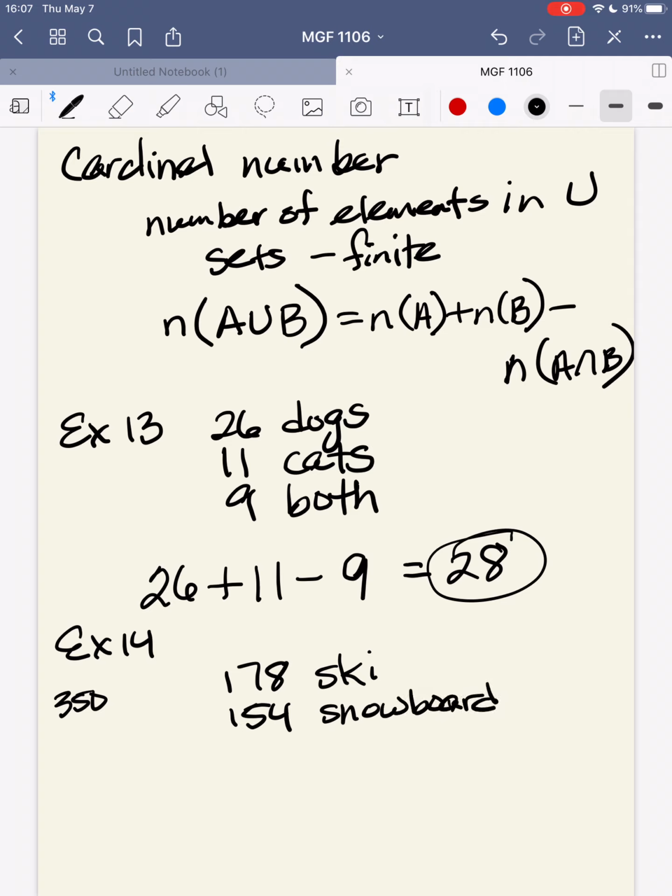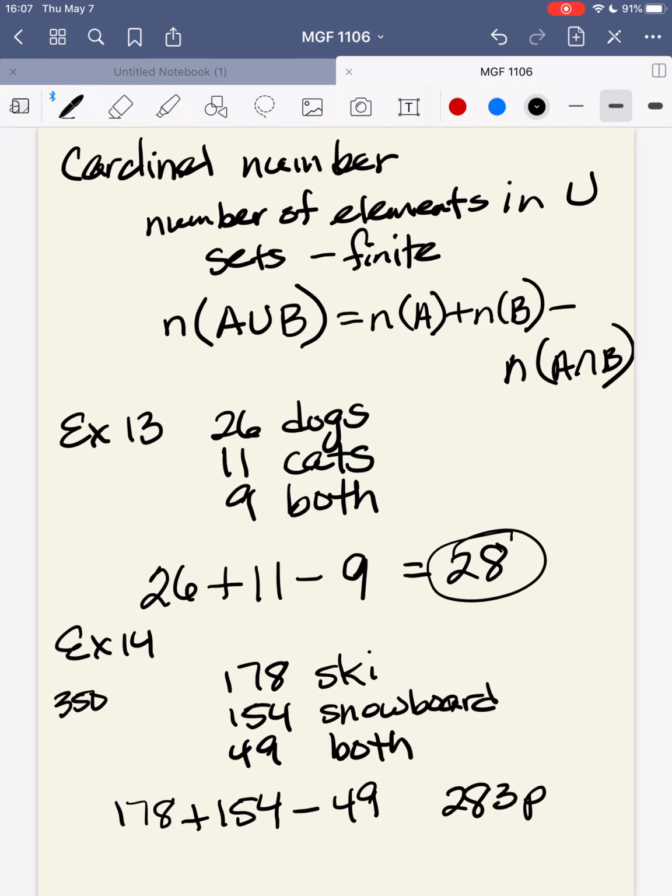I've only gotten to snowboard, I've never gotten to ski. And 49 like both. So again, we're going to use the same formula. I'm going to have my number in set A, 178, plus my number in set B, 154, minus the elements that do both, 49, and I end up with 283 people.